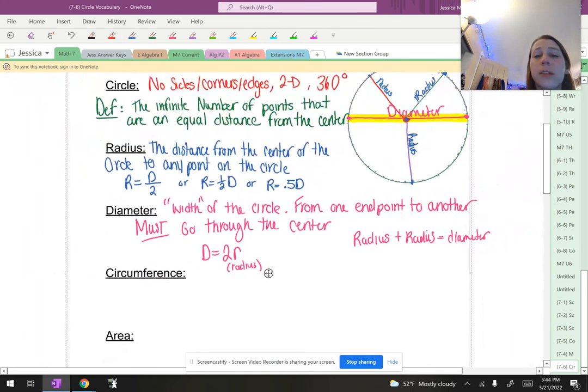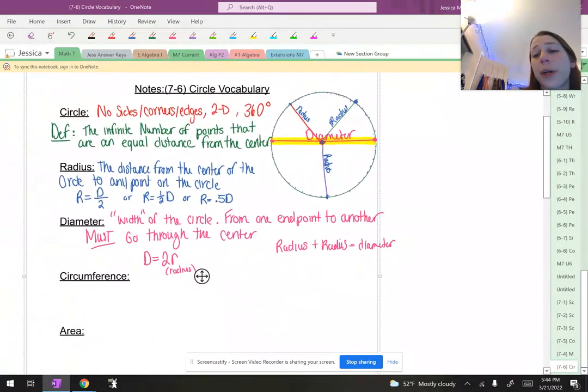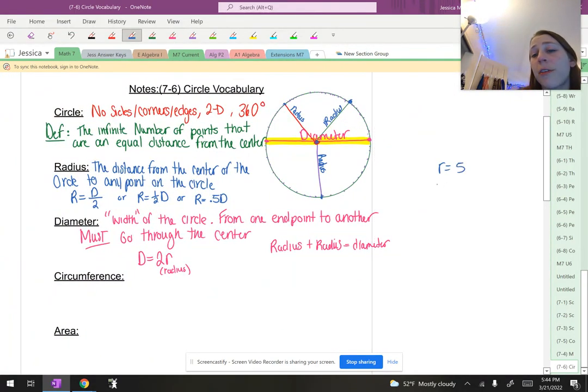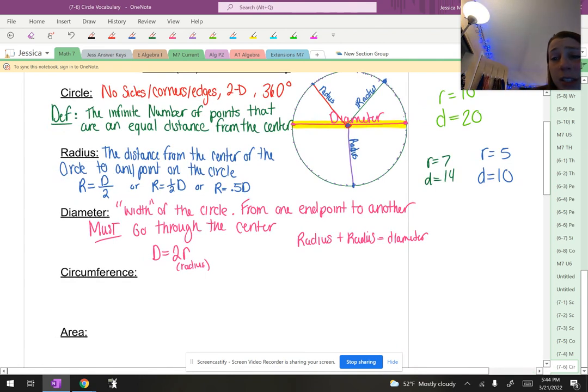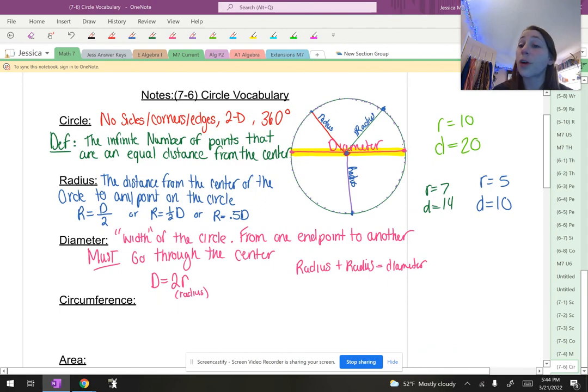So if I have a radius of 5, my diameter would then be 10. If I have a diameter now of 20, that means my radius would be half of that, 10. If I have a radius of 7, my diameter would be 14. So that relationship between the radius and the diameter is super important to understand. It's super important that you make sure you understand the difference between them.